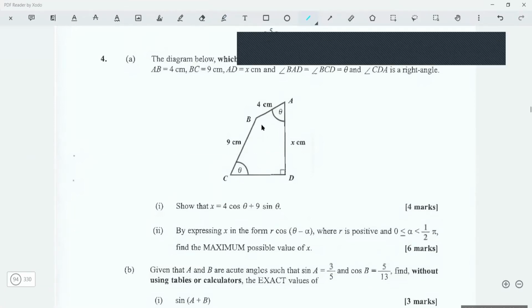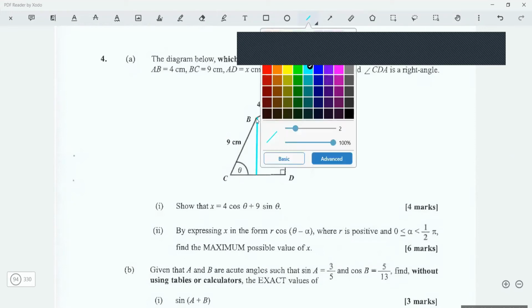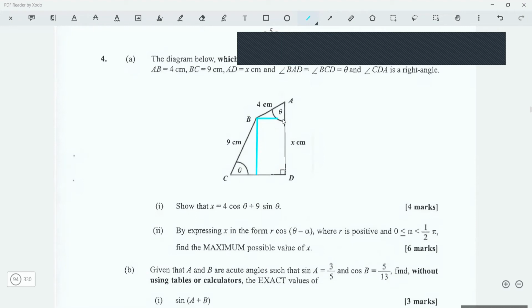Remember I said to find x, we need to break this up. Break this up right here, by breaking it into two triangles. Let's say we break it up into two triangles like this. We can call this piece right here R, and then call this piece right here some other letter.